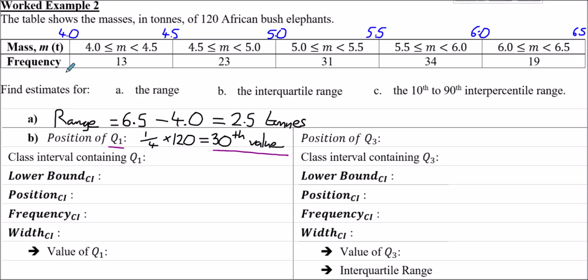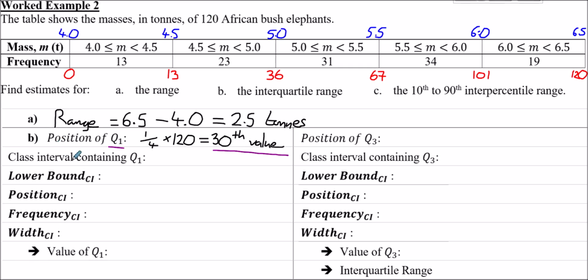For the running total of frequencies, the cumulative frequencies, we start at 0. 0 add 13 is 13. 13 add 23 gives us 36. 36 add 31 is going to give us 67. 67 add 34 gives us 101. And finally, 101 plus 19. We end at 120, which makes sense because 120 is the total of all these elephants.